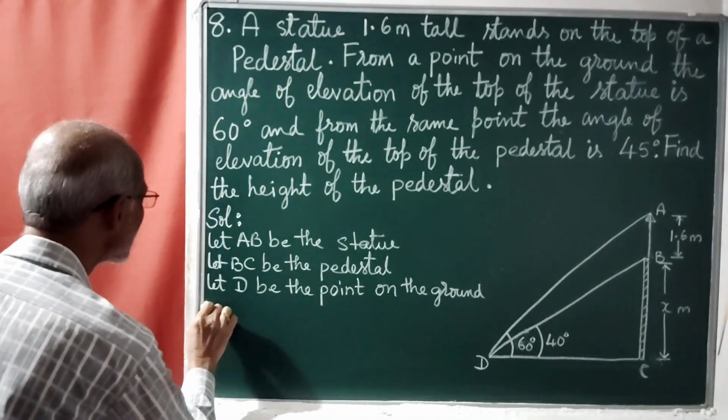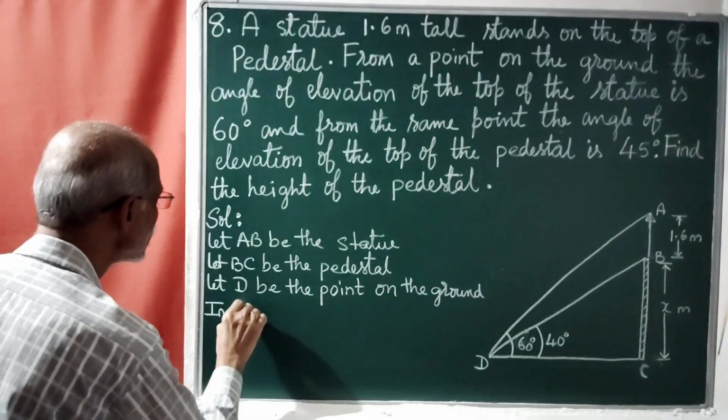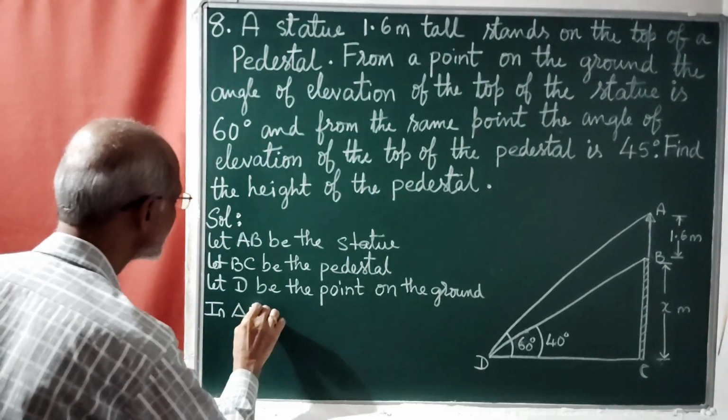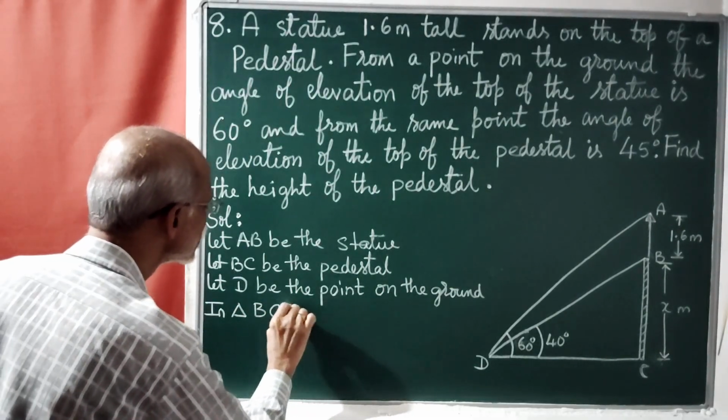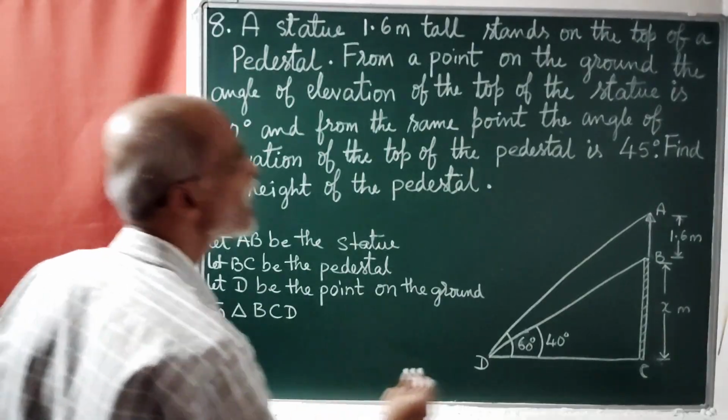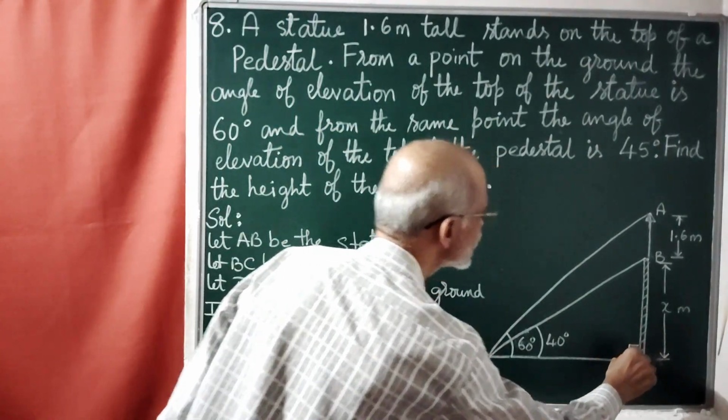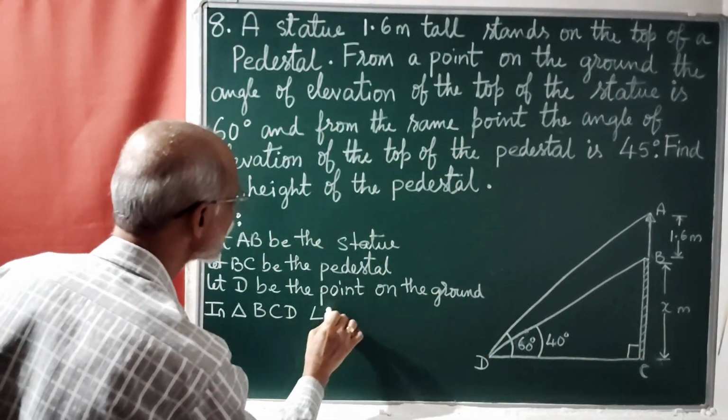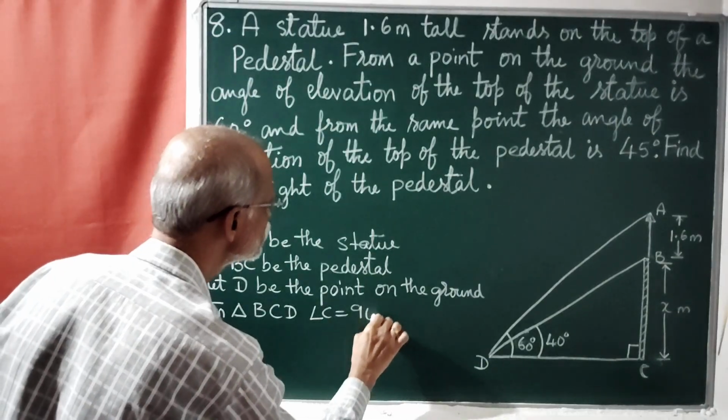So in triangle BCD, angle C is equal to 90 degrees.